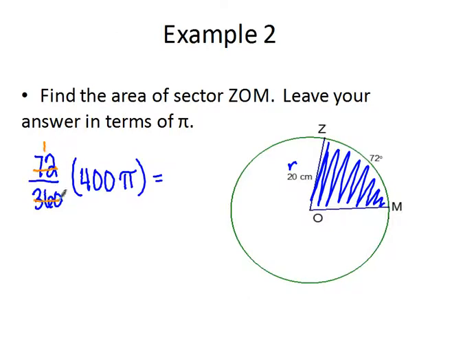So then to do our math, we would do 1/5 of 400 pi, which is 80 pi. But it's area now, so the units are squared. Okay, and then you could put that in your calculator and get 251.3 as your decimal if you needed it. But they told us to leave it in terms of pi.